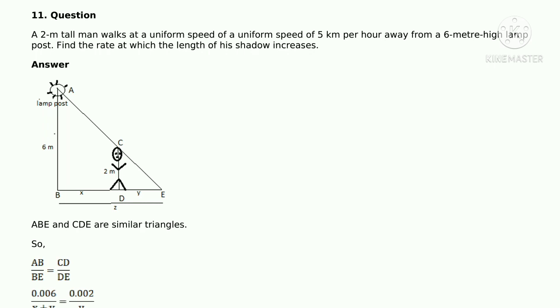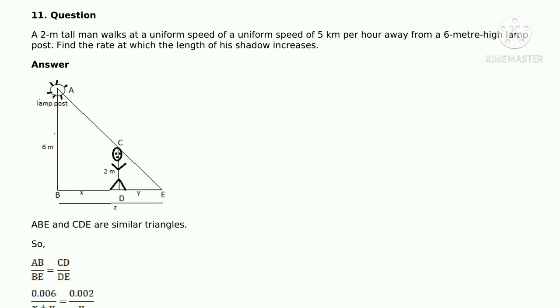So by the angle similarity criteria, triangle ABE is similar to triangle CDE. In class 10 we have discussed this type of similarity properties. If two triangles are similar, then the ratio of their corresponding sides are also equal.